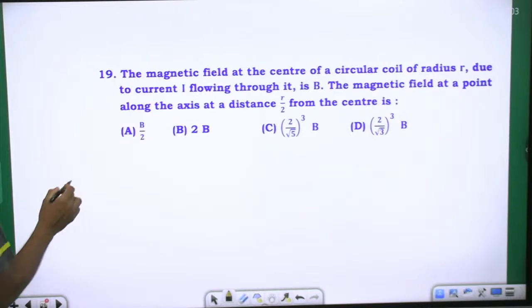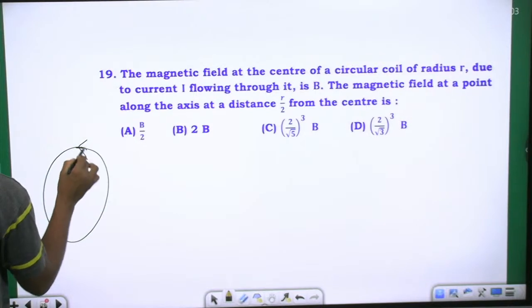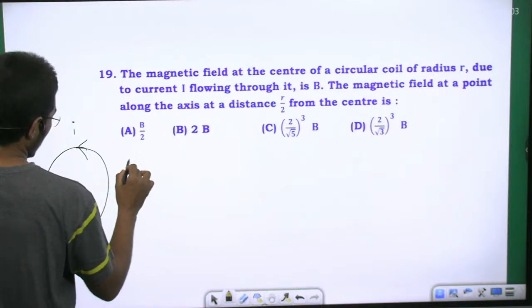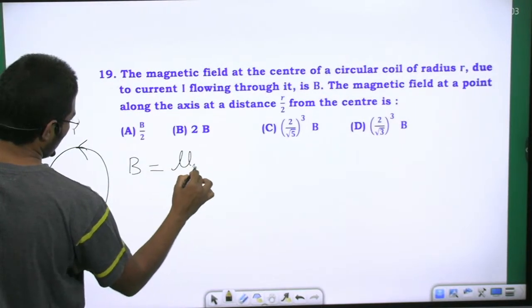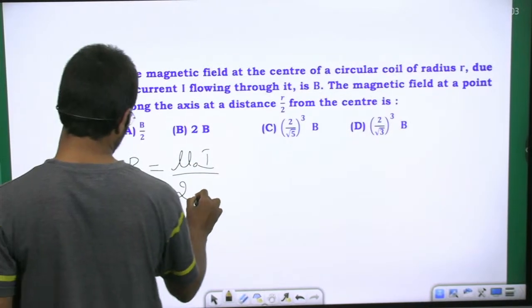See, the magnetic field in a loop carrying current I at the center is B is equal to mu naught I by 2R.